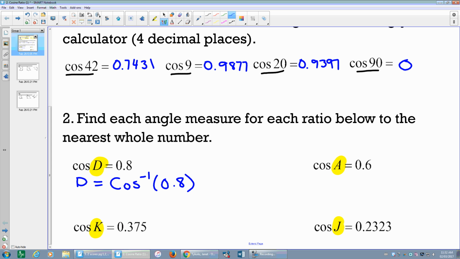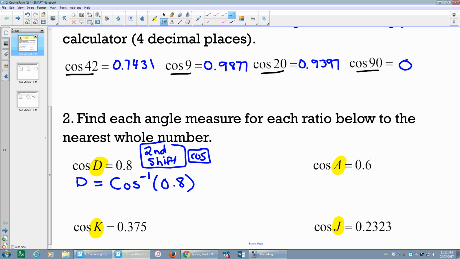When you put that in your calculator, you will use your shift button or second function button and hit your cos button. So the sequence would be you press the second function or shift button first, then you press cos. When you do that, you should see on your calculator that you have cos with a -1 sign. Then you'll type in 0.8 and hit equals.